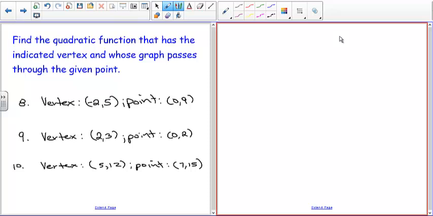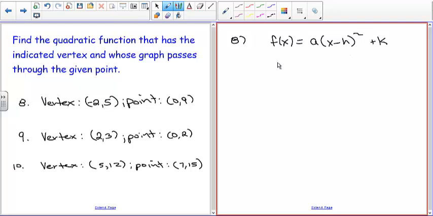So now it says find the quadratic function that has the indicated vertex and whose graph passes through the given point. So what you do here is you write the function in standard form, but you put an a out in front of this, and then you have x minus h squared plus k. Well, we know what h and k are.